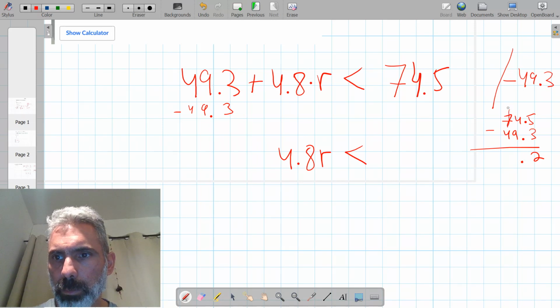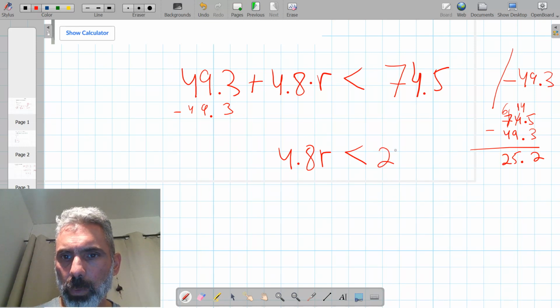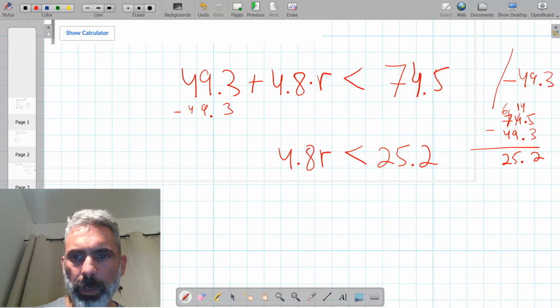Here I regroup, so this is 6 and this is 14. 14 minus 9 is 5. And 6 minus 4 is 2. So here I'm left with 25.2.